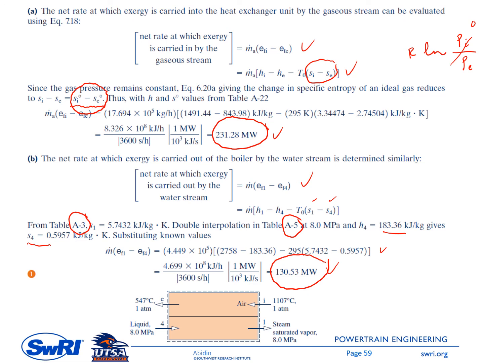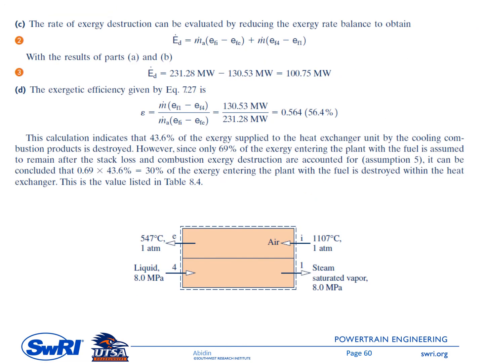So the difference here is because of exergy destruction inside the heat exchanger. And this is the exergy destruction. So this is just the difference between the two numbers in answer A and B.